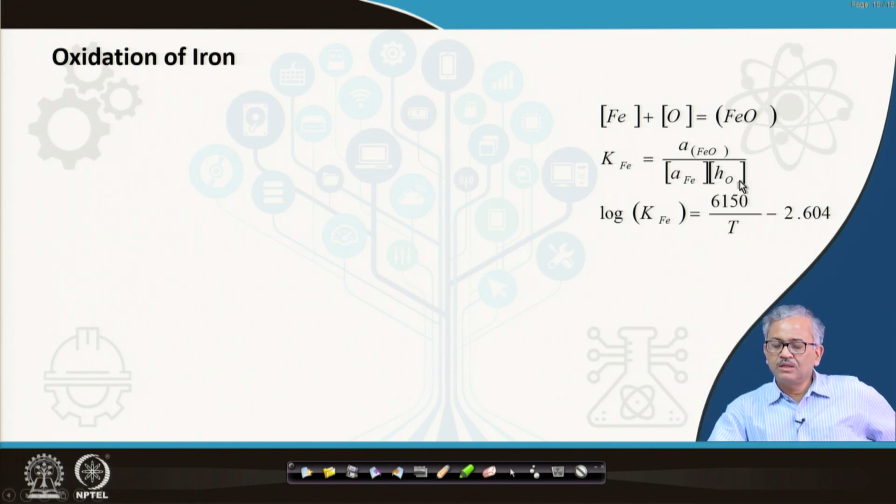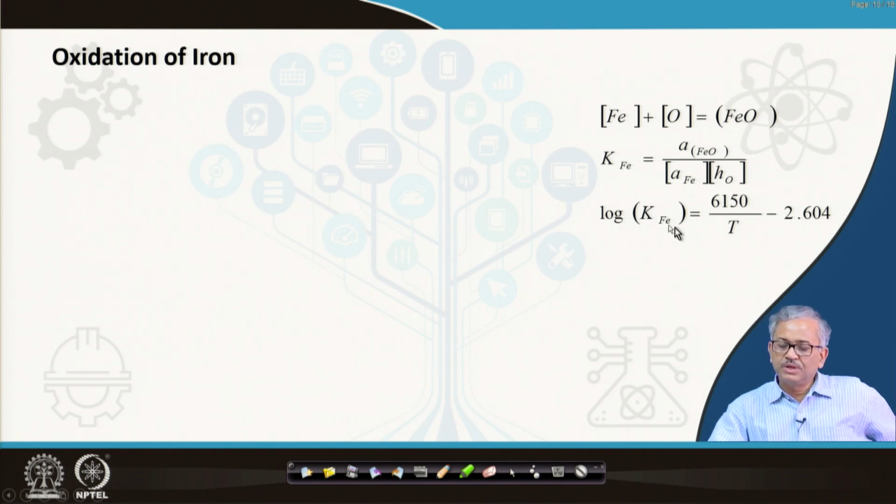So if I change the activity scale, if I change the standard state used to represent the activity, then I have to make a corresponding change in the delta G naught, and there will also be a change in the equilibrium constant value. This equilibrium constant value, the log of K_Fe, is what you can find here.